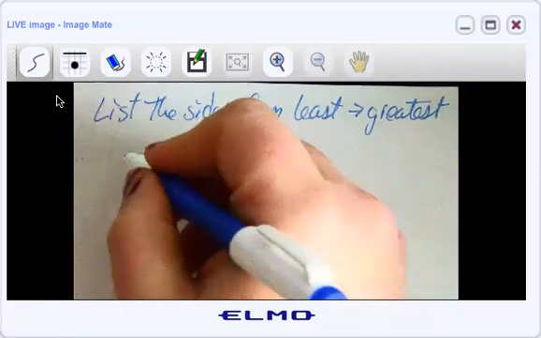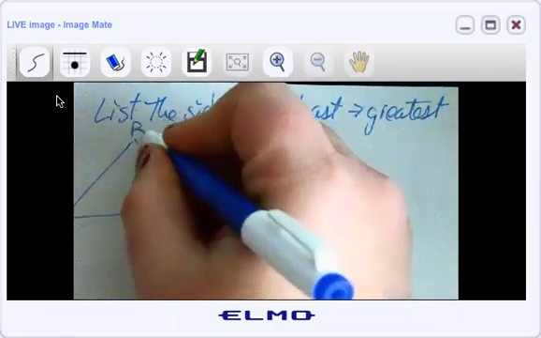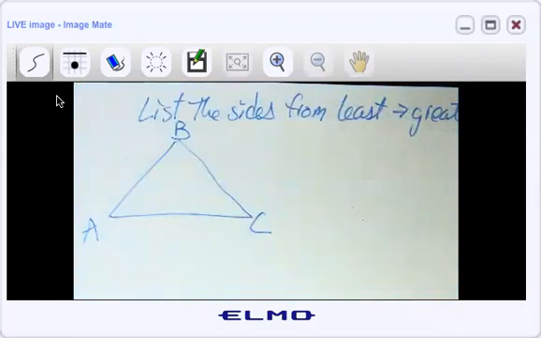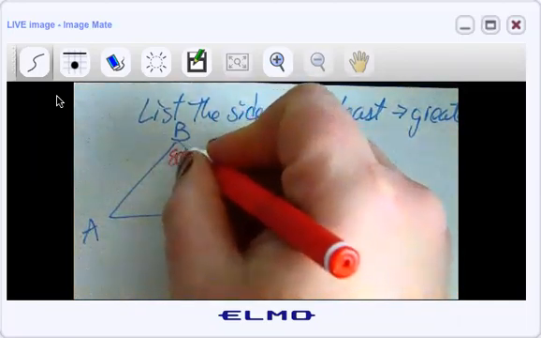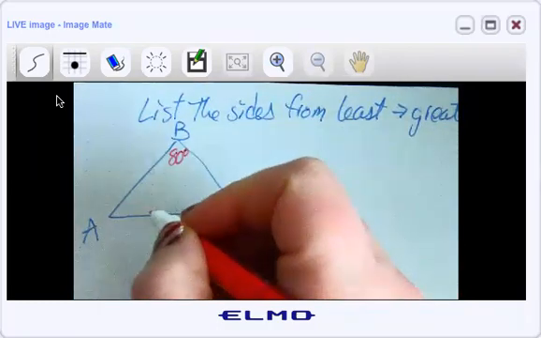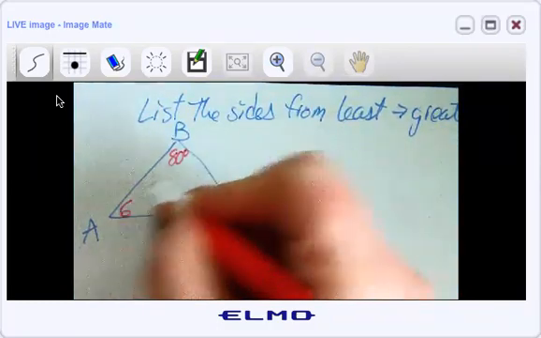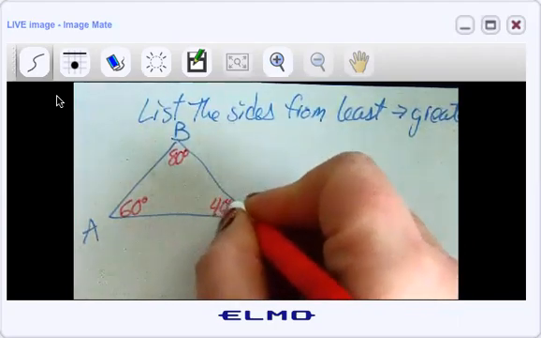Okay, so I'm going to give you a triangle again, A, B, C, but this time I'm going to give you information about the angles and not the sides at all. So let's just say I had, oh, I don't know, let's make you an 80-degree angle, let's make you a 60-degree angle, and let's make you a 40-degree angle.